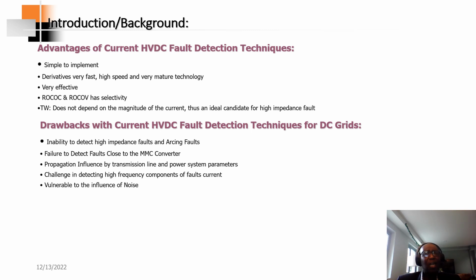In addition, we have other random noise, such as lightning disturbance, that can influence these signals. Also, when you have a short transmission line of 100 kilometers and below, it becomes a challenge because of the high wavefront velocity. It becomes very difficult to detect that traveling wave fault.